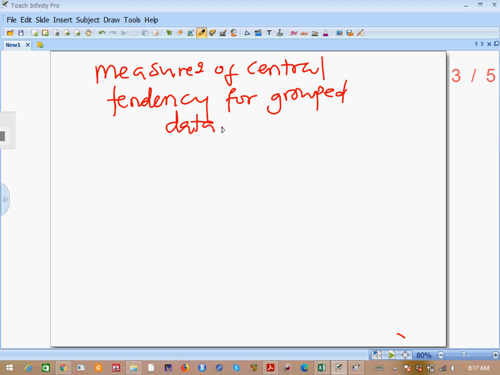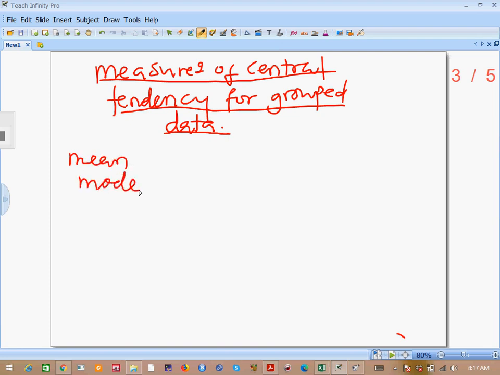All right, so we have seen how to find the mean, the mode, the median, standard deviation, variance, and coefficients of variation for ungrouped data.